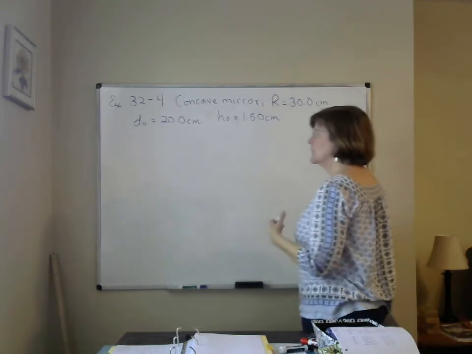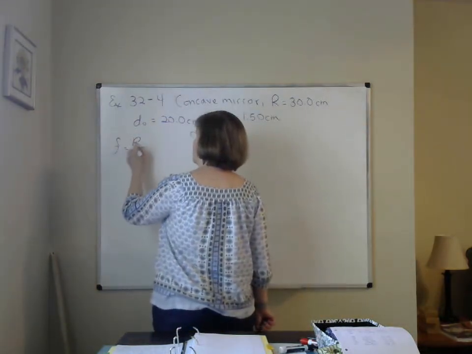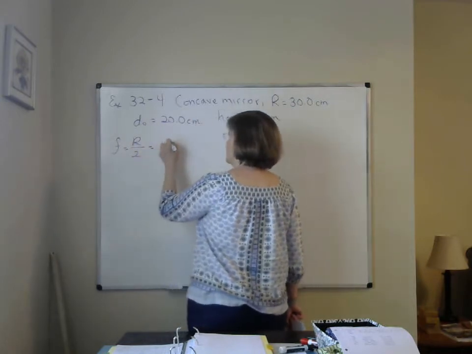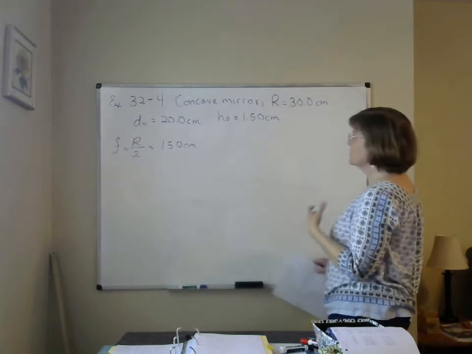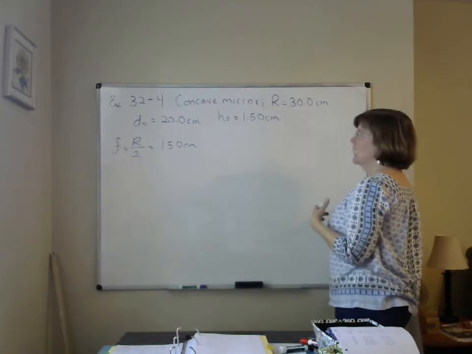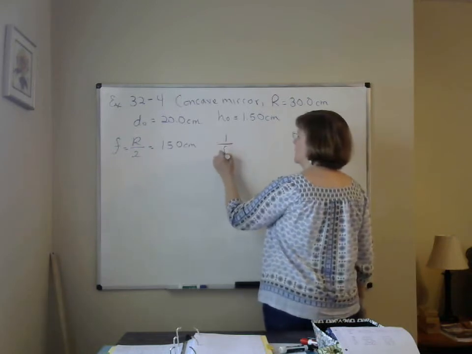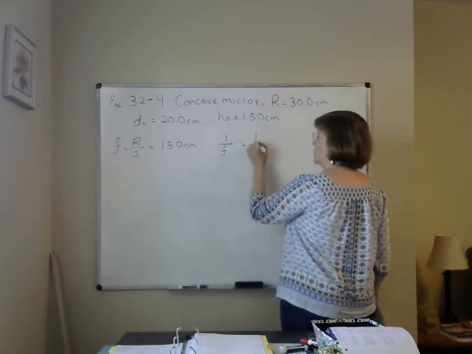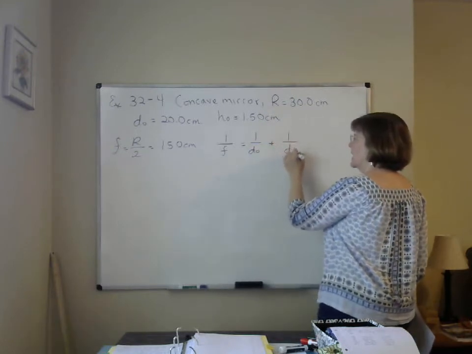The first thing we always want to find is our focal length. Our focal length is r over 2. So in this case, it's 15 centimeters because 30 divided by 2 is 15. We can locate the image. 1 over f equals 1 over do plus 1 over di.